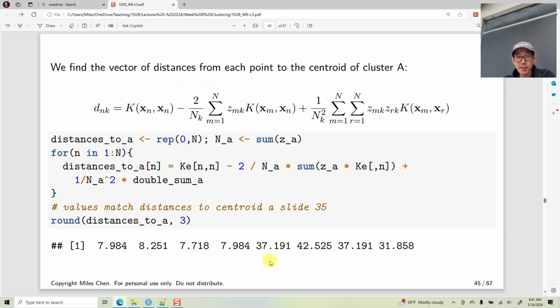These are the distances to centroid A, even though I never actually calculated the coordinate of centroid A.